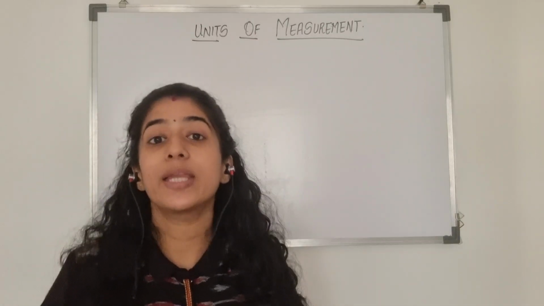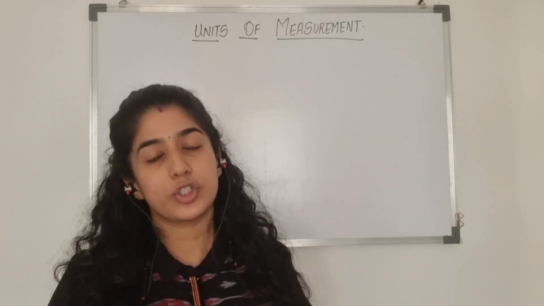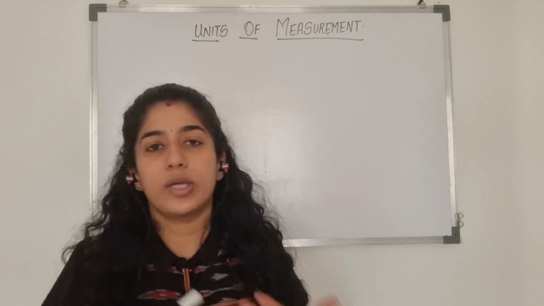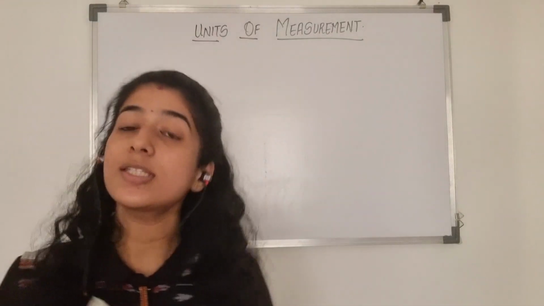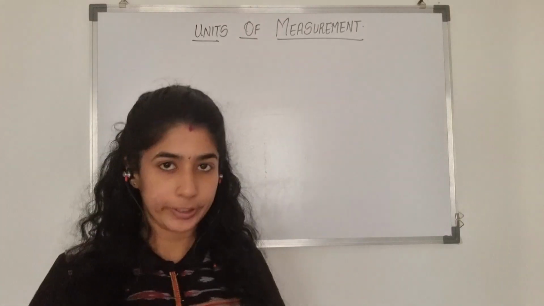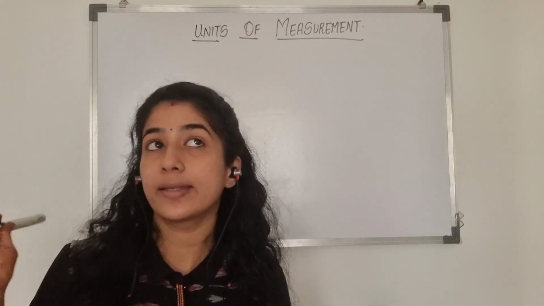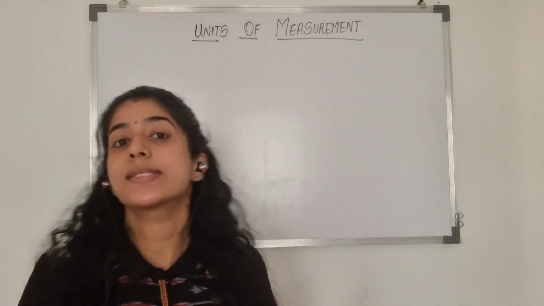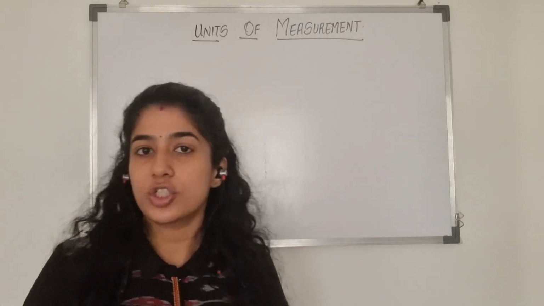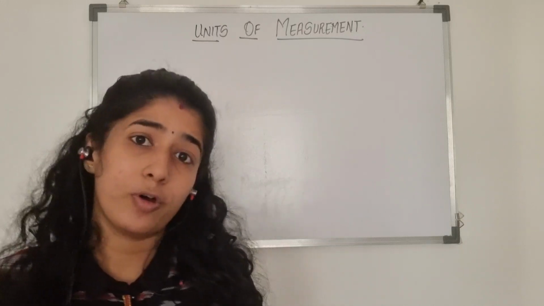But yes, there are many other units of measurement under length, weight and capacity which we are going to learn today. Now the various other units of measurement are kilo, hecto, deca, then deci, milli and centi. These are the various other units of measurement which are used for measuring.